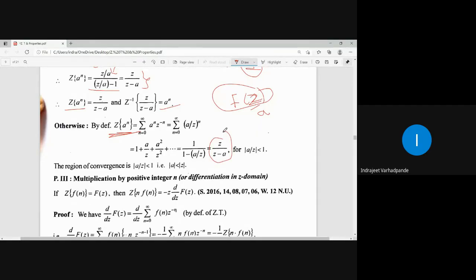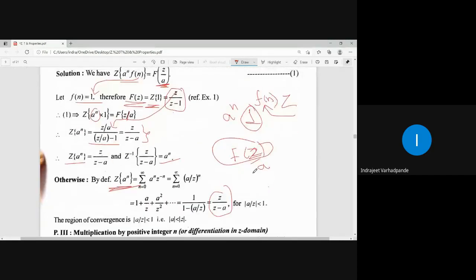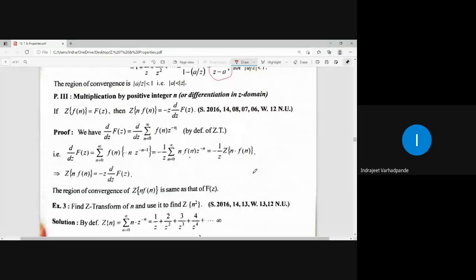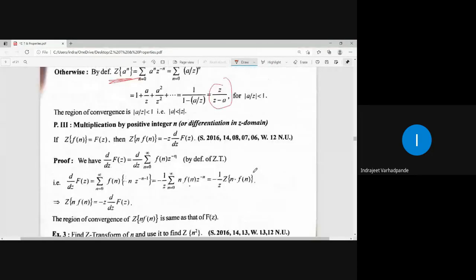In the previous slide you must have seen how to calculate the z transform of a to the power n by using the definition. So in this case, we are getting the same answer when we apply the damping rule or the change of scale property. So this was one of the properties which we call the change of scale property, the damping rule, or scaling in z domain.